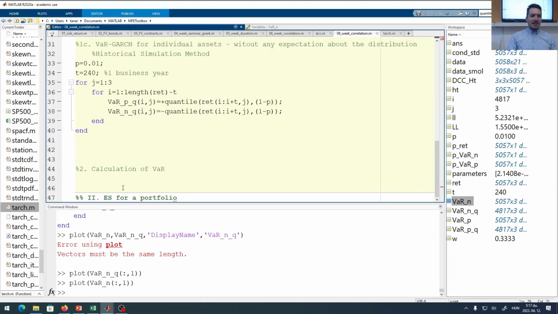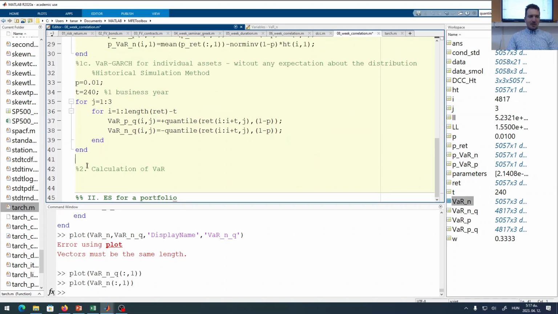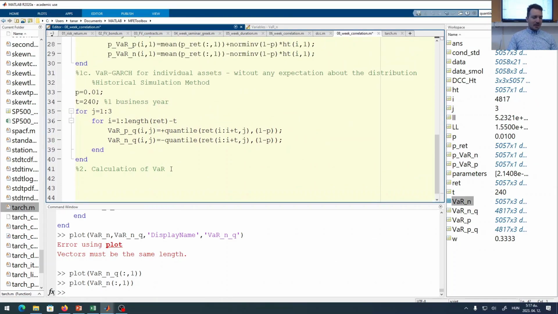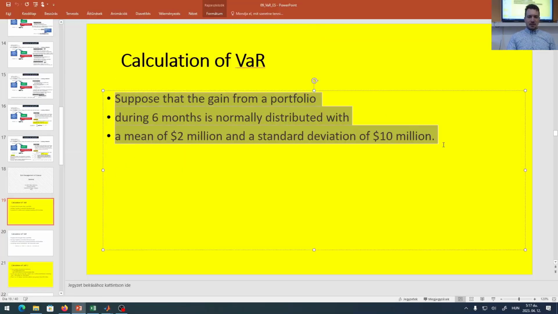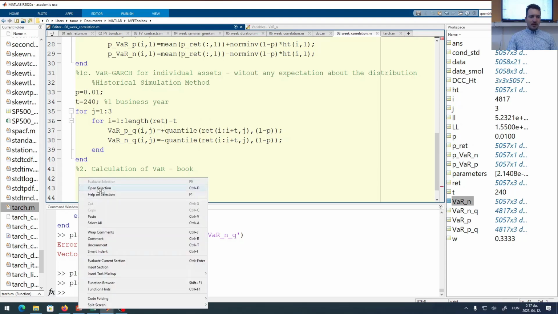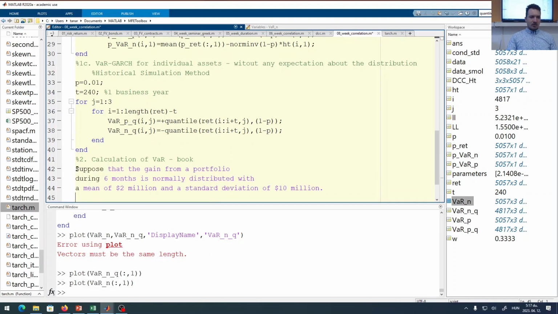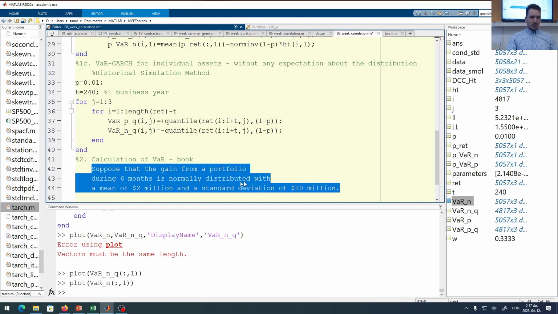So now let's see what we can have in the case of VaR calculations. From the book, calculation of VaR. Suppose that we have a portfolio. Let's comment them.